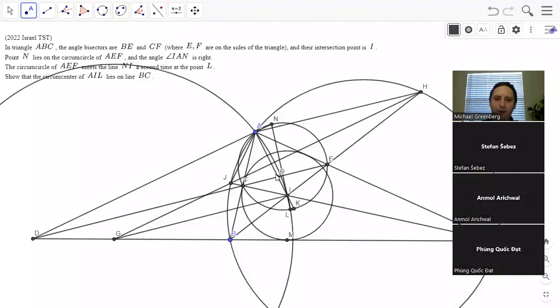And then I think you can just calculate stuff. But then there's still one more step. So that proves that those are parallel, but then you need one more similar triangle.